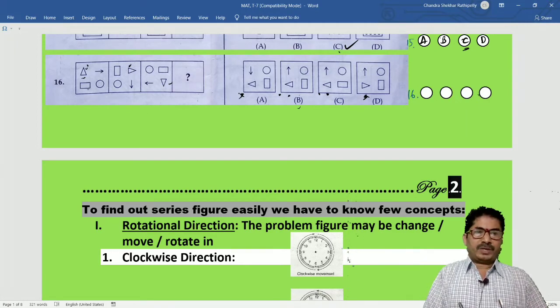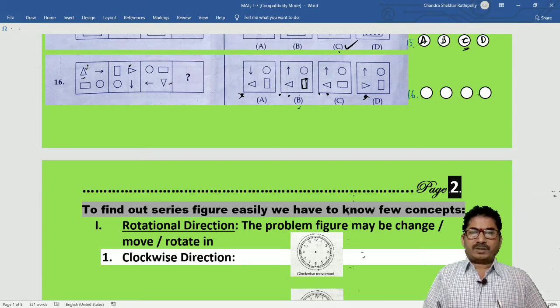Next the rectangle, here to here came. Next here will come this rectangle. B, C. So these two have the same place, but this must come like this vertically, not horizontally. So that's why B is the correct option.